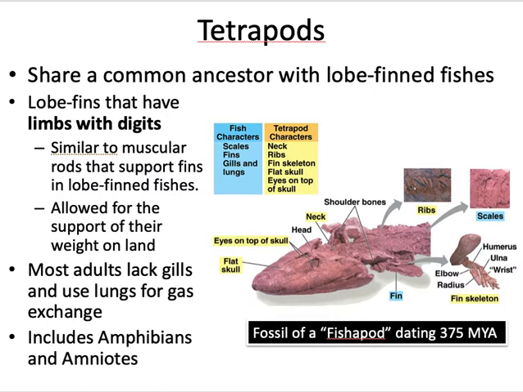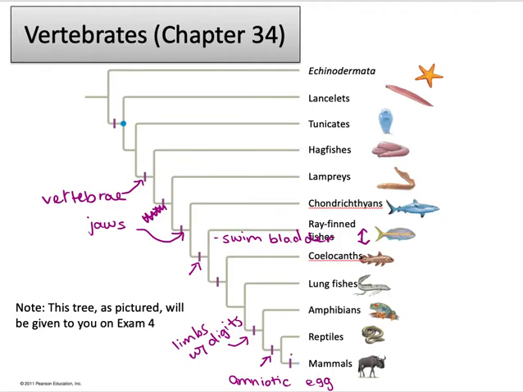In the introduction to tetrapods, let's just go over some of those key features. According to our previous slide, they share a common ancestor with the lobed fin fishes. So here's our lobed fin fishes right here. This would be the common ancestor between our lobed fin fishes and our tetrapods.